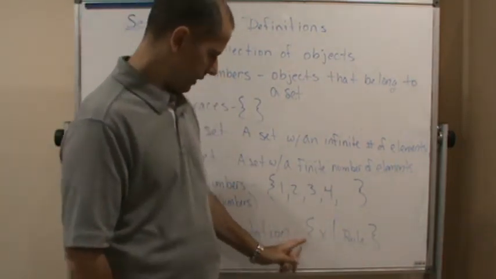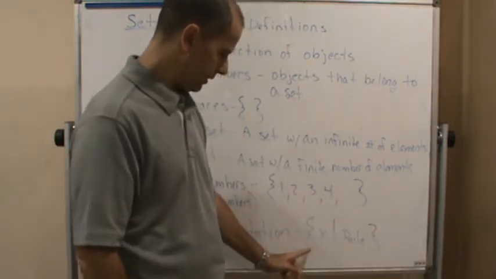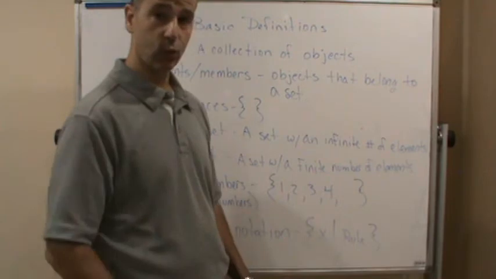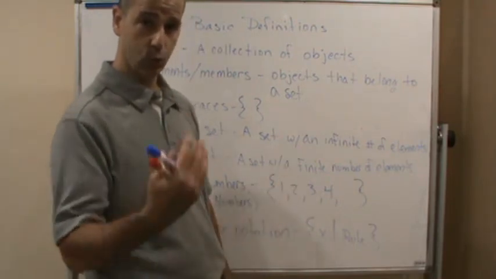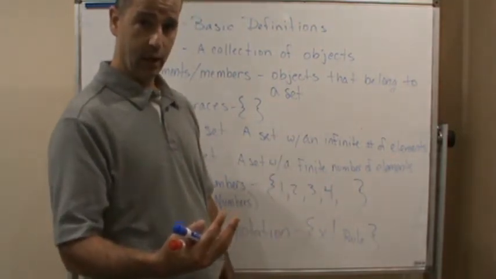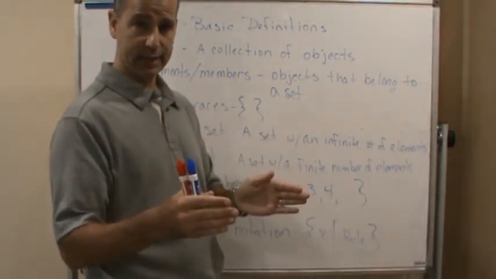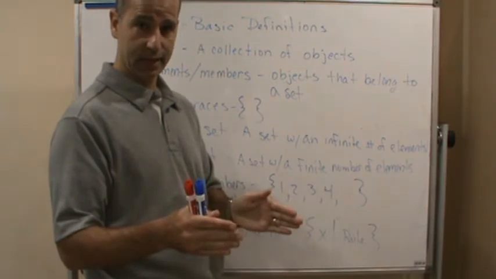And so what you do is you use the set braces to denote a set, and then in the set you're going to write the variable and the rule. Now what's the rule? The rule tells, hey, what are the characteristics in order to be an element in the set?